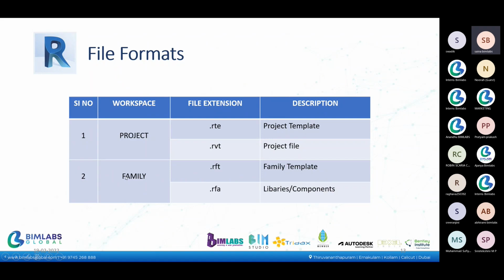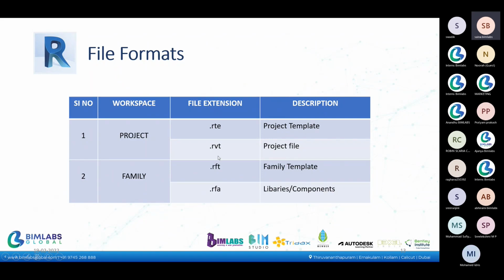Next one is the family formats. There are two types of family formats available. First one is .rft and the next one is .rfa. Similar to the project template, we also have a family template, and it is for creating a family. What family means is that in Revit software, each and every component is a family.